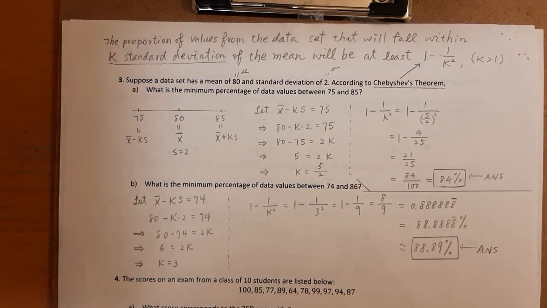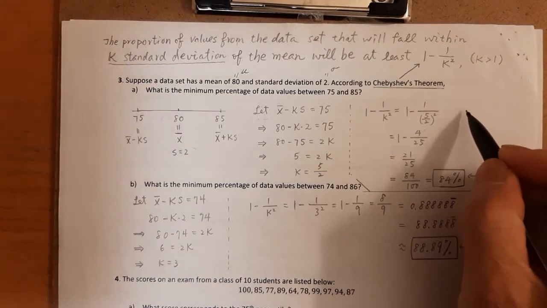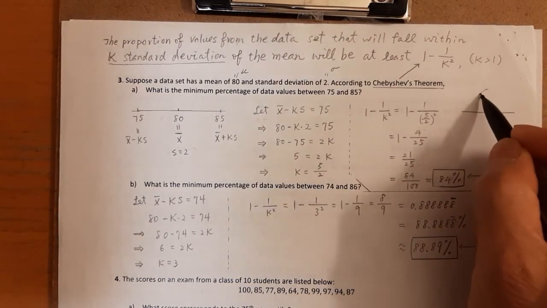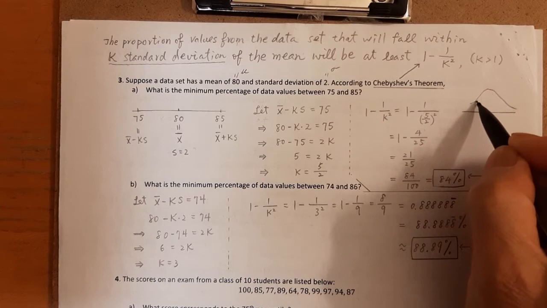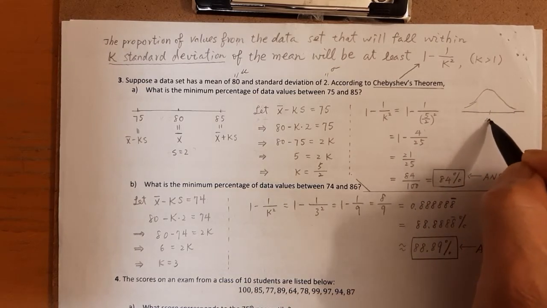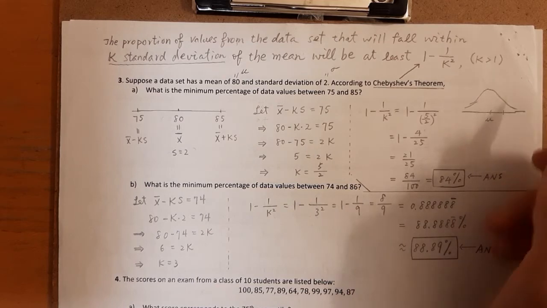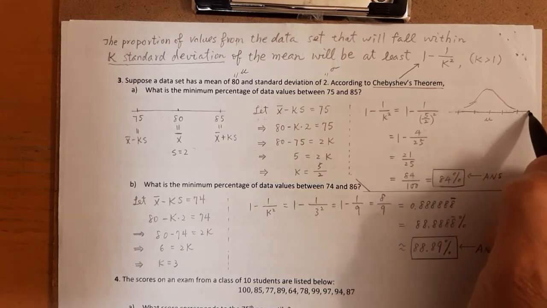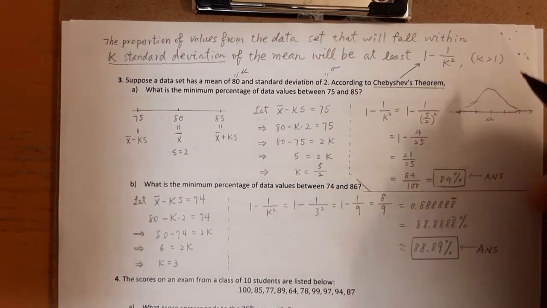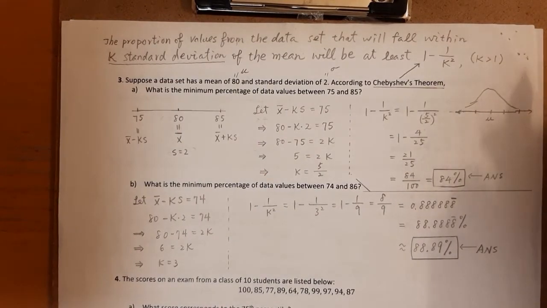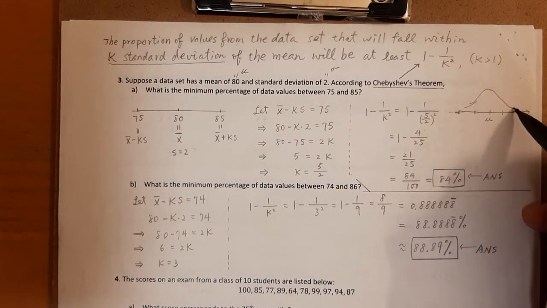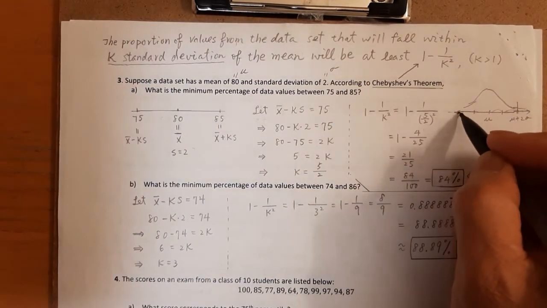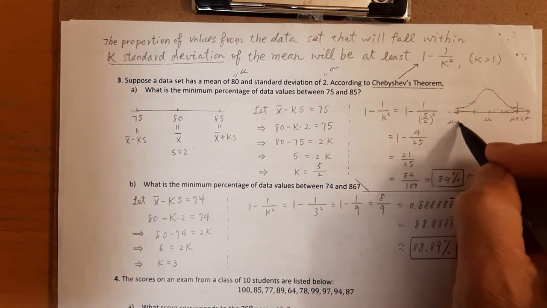Like this is a normal distribution. The mean is mu, and then 1 standard deviation, 2 standard deviations above the mean, K standard deviations above the mean. If K is 2, that's 2 standard deviations. The mean is here, mean plus 2 standard deviations, and this is mean minus 2 standard deviations.